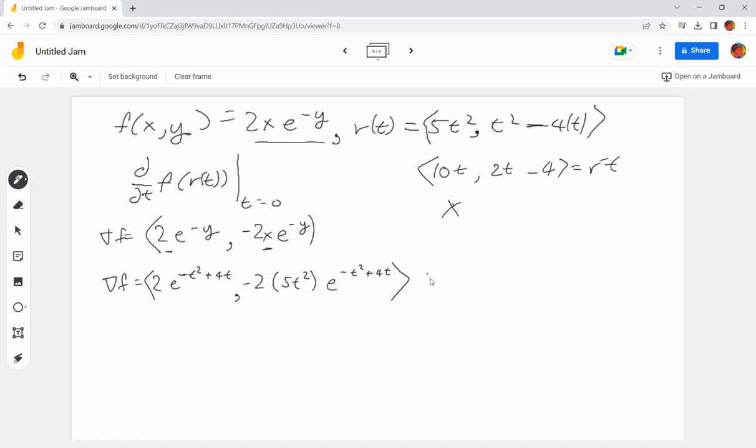We have something like that. Then we have a dot product of 10t with this, with 2t minus 4. All right, so this is 0. This is 0. Wait, this is 0 too. Oh my god, this question sucks.